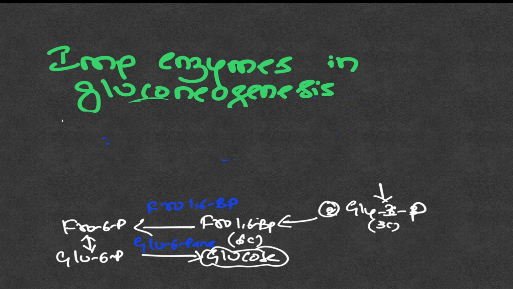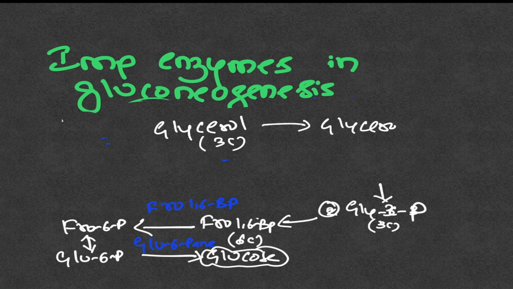So, glycerol coming from adipose tissue, glycerol is a 3 carbon molecule. So, this glycerol is converted to glycerol 3 phosphate, and that will be done by glycerol kinase enzyme, and glycerol 3 phosphate will be converted into dihydroxyacetone phosphate, DHAP.